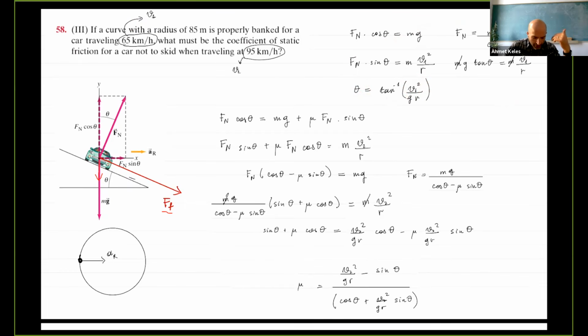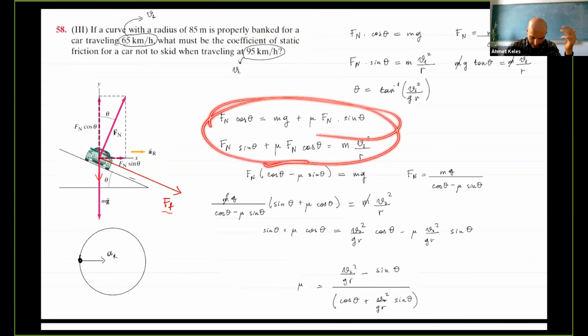And now, of course, people don't drive with the rules, right? People will drive with higher speed. There are all kinds of reckless drivers, and the question is, how come they can just go through this road without sliding? And for that, we need to take the friction into account. And when you take the friction into account, you have two equations like this.